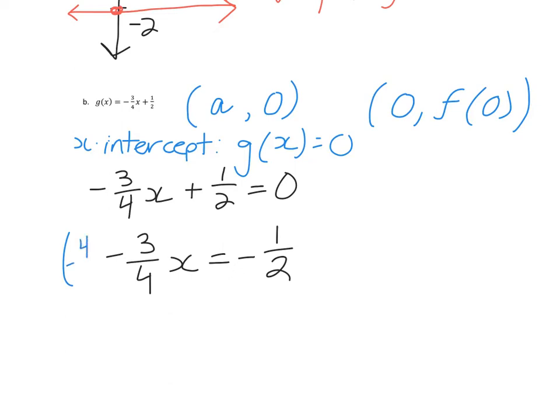So make sure the negative comes along, and we're going to multiply by the reciprocal. And notice we do this because this gets us 1. The 3's cancel, the 4's cancel, and the negatives cancel. So this whole thing becomes 1, which is what we want. We want x equals something. So instead of dividing by the fraction, we can multiply by the reciprocal.